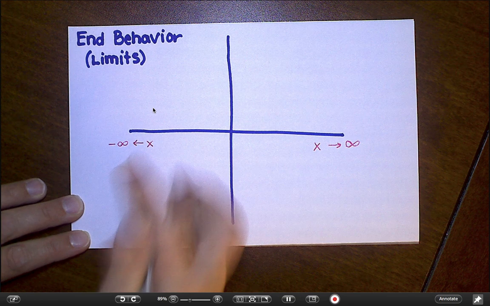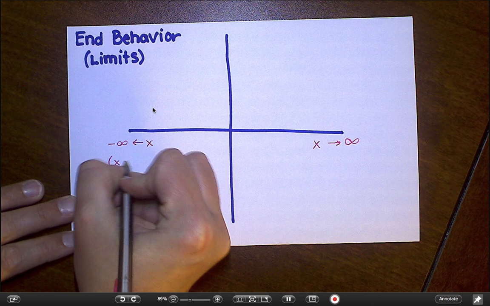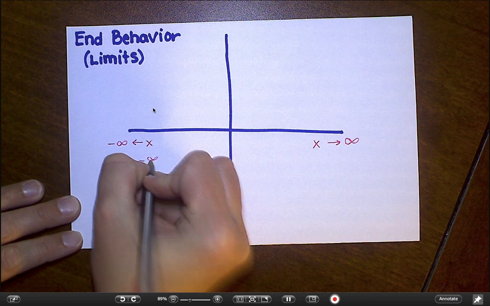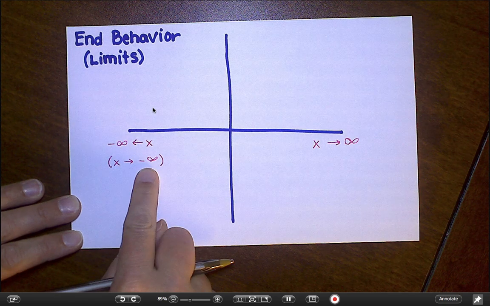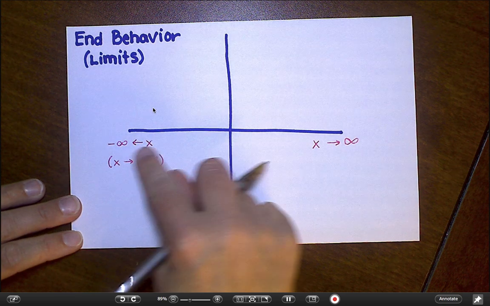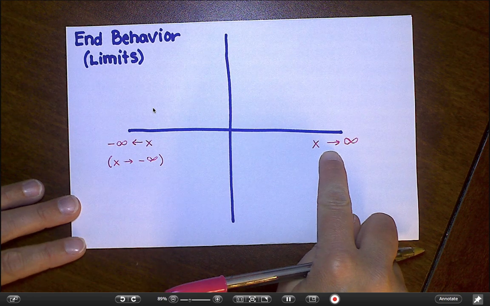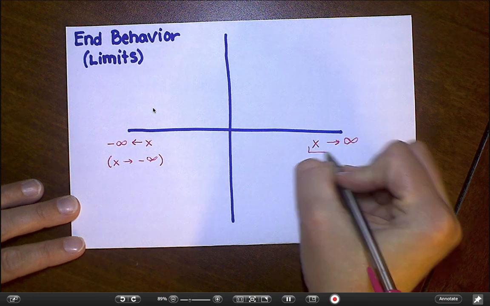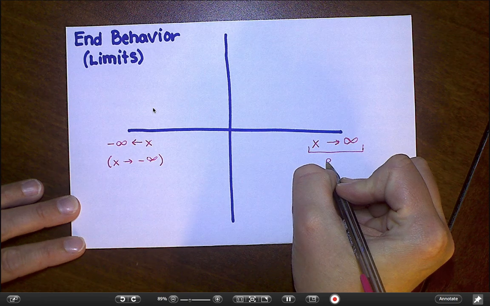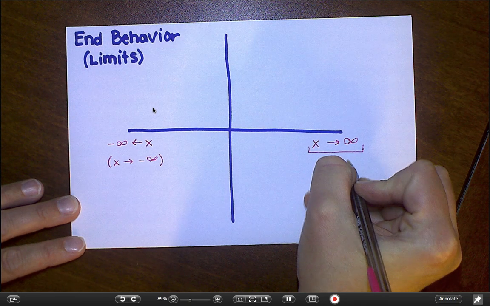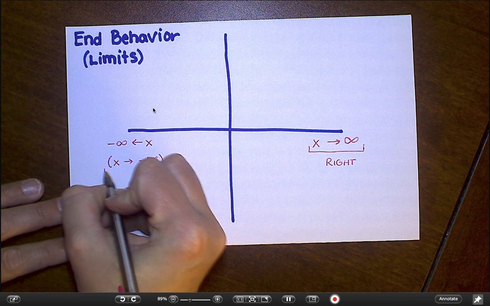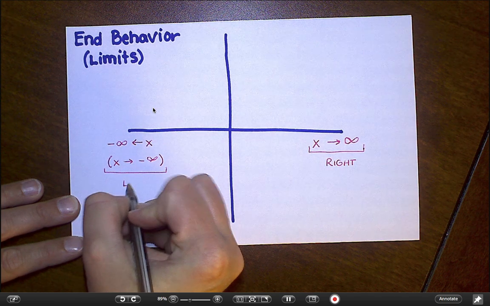We write it as x approaches negative infinity, just so that it's reading correctly, right? But this is what that's really saying. This is a fancy way of saying go to the left. This is a fancy way of saying go to the right. So when you see this, I want you thinking right. And when you see this, I want you thinking left.